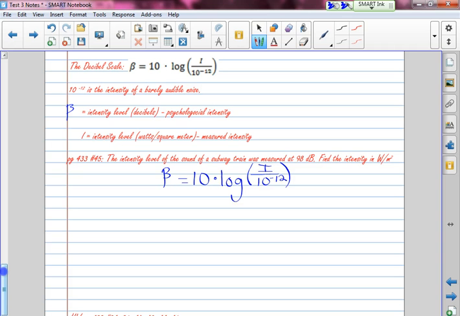I gave you decibels, so I have to put that in the decibel spot. 98 equals 10 times the log of I over 10 to the negative 12. I needed to get the logarithm all by itself. As of right now, it has a 10 in the front, so I need to divide by 10. And 98 divided by 10 is 9.8.